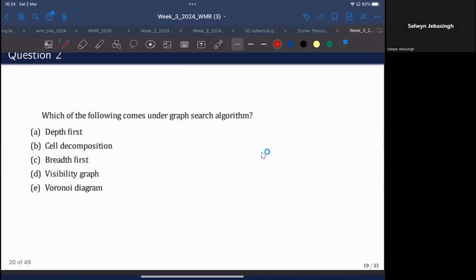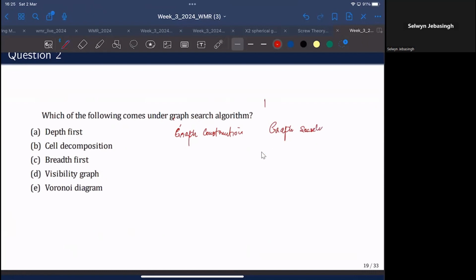Moving on, which of the following options come under graph search algorithms? At the beginning of this section, we covered two topics relevant here: one was graph construction, and the other was graph search.